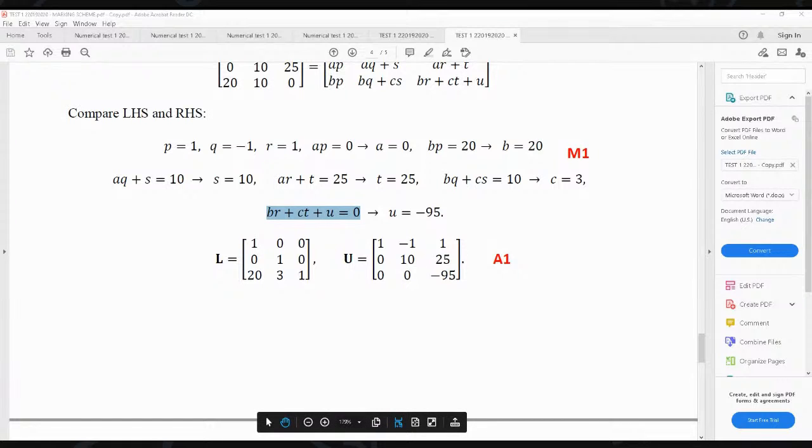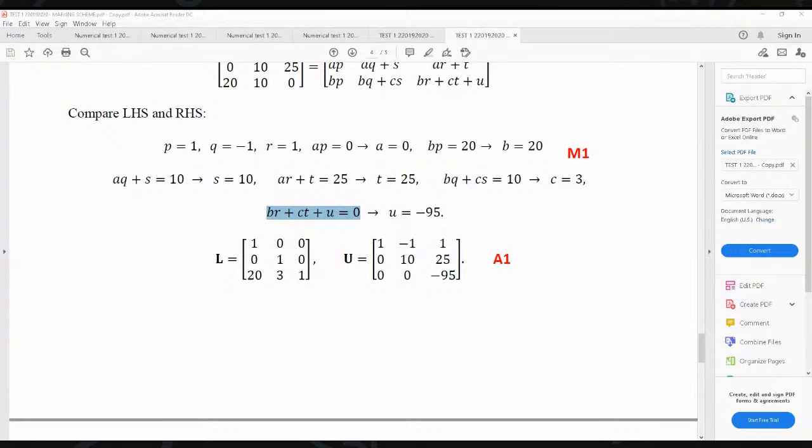All right. So now my question: can you factor matrix A to L and U in 10 minutes?